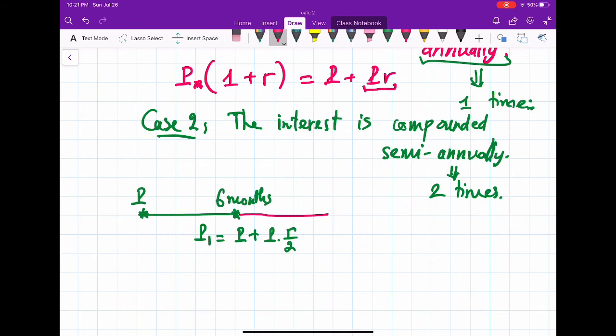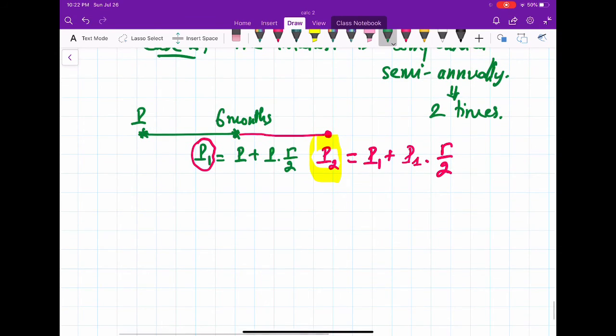And then after 6 more months, I can find the amount in the account, but based on P1. You see that? So I can write that is P1 plus P1 times R over 2, again, right? So that is the total amount you have at the end of the year. Let's write this down.